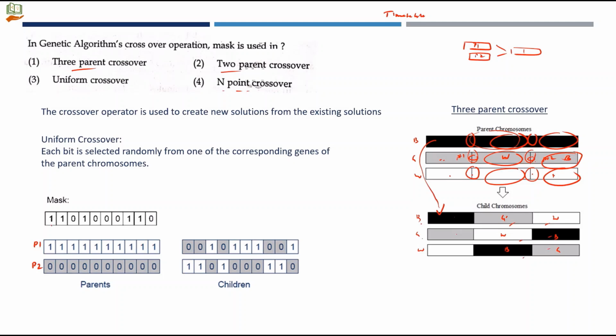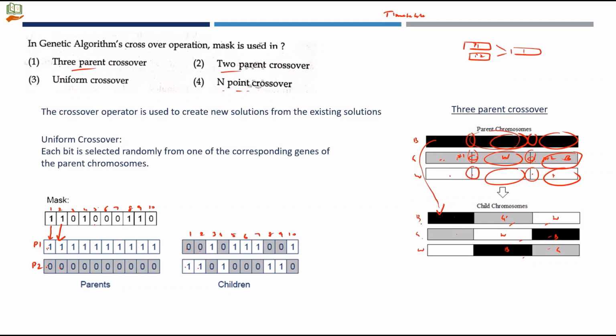When the mask is 1, these 2 values will be swapped. We have 0 and 1 here. When the second position is 1, we are swapping it again. So this is 0 and 1 here. Let's take positions 1, 2, 3, 4, 5, 6, 7, 8, 9, 10.